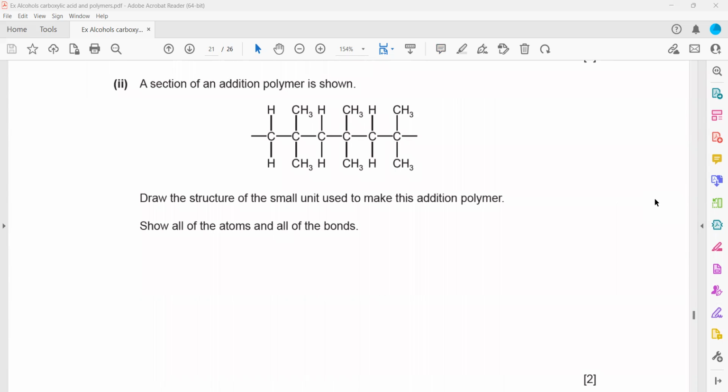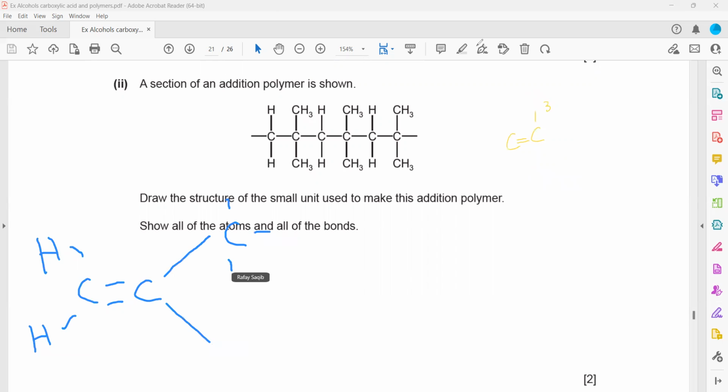Then the next part, a section of an addition polymer is shown. Draw the structure of a small unit used to make this addition polymer. Show all the atoms and all the bonds. You can use any part of the screen to draw the structure. Don't forget to represent all the atoms and all the bonds. Even CH3 you have to show all the atoms, like carbon and then 3 more bonds.